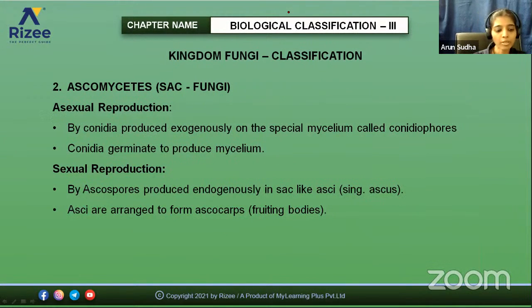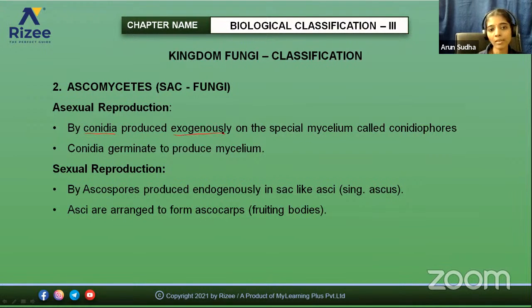And here the asexual reproduction is by conidia. In Phycomycete, asexual reproduction occurs by zoospores or aplanospores. We saw the different types of asexual spores, that is sporangiospores and conidia. But here in the case of Ascomycetes, the conidia are produced exogenously.